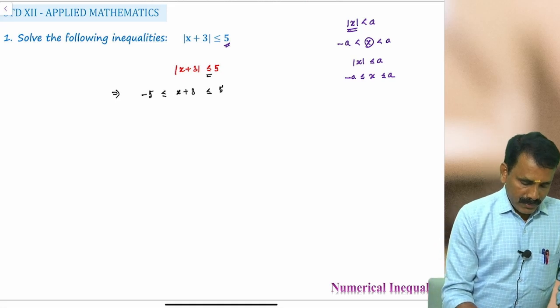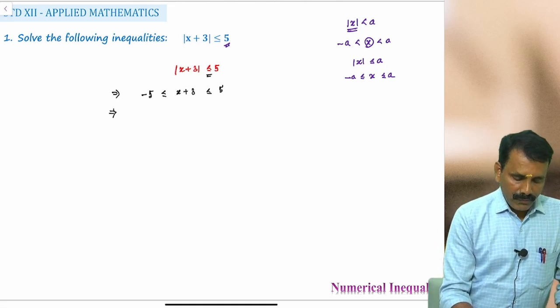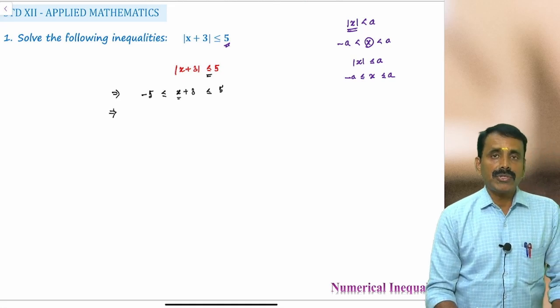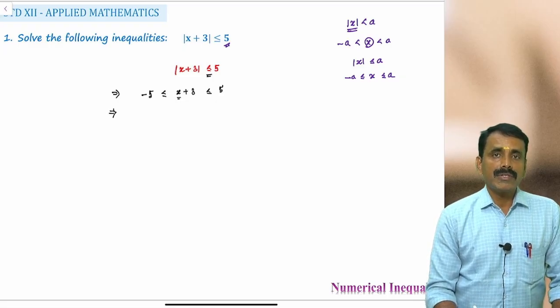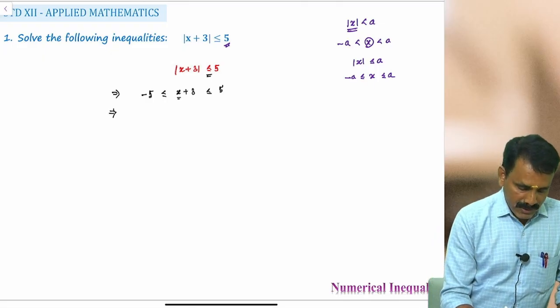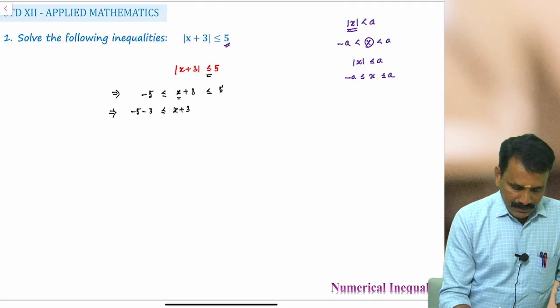Okay. Now to find the value for x, we must remove this plus 3. So how to remove plus 3? We have to add the additive inverse of plus 3. So it is minus 5 minus 3 less than or equal to x plus 3 minus 3 less than or equal to 5 minus 3.